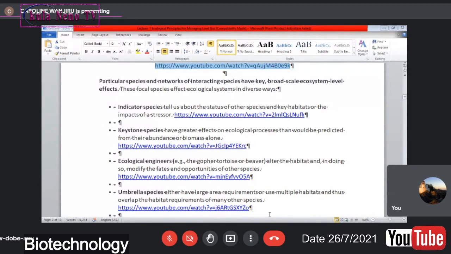For example, if it's a species down there in the food chain, that means other species predate on it.